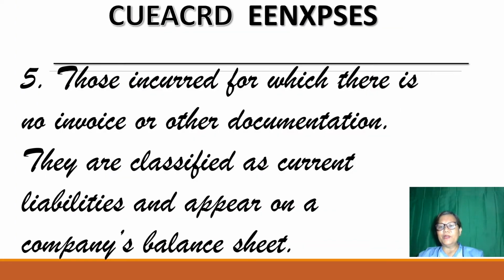Number 5, those incurred for which there is no invoice or other documentation. They are classified as current liabilities and appear on the company's balance sheet. What is it? Yes, Martin?